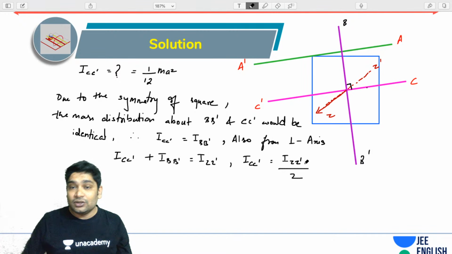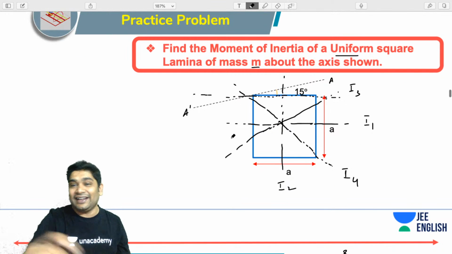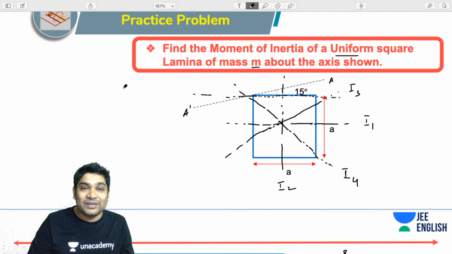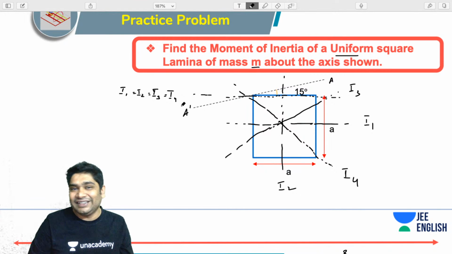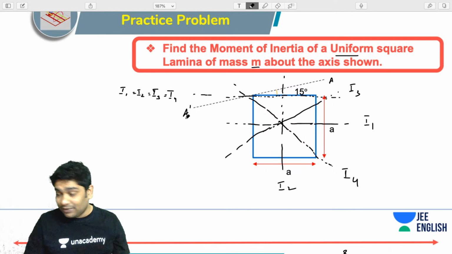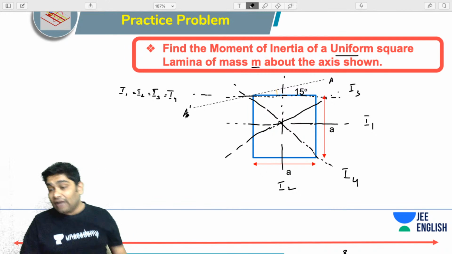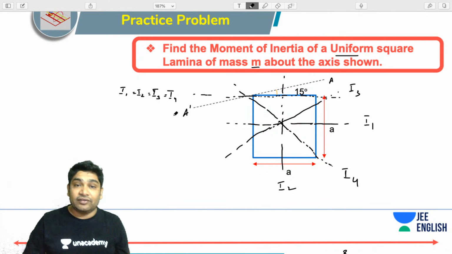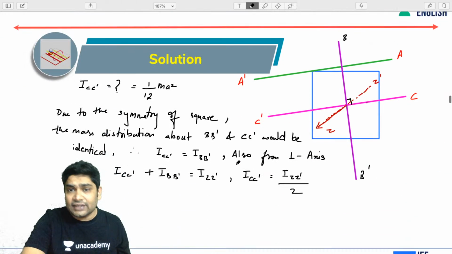Okay. So you realize in this case, the question that IIT had asked, all these I's would be the same. I1 would be equal to I2, would be equal to I3, would be equal to I4. You draw any axis which passes through the center of the square, as long as it remains in the plane, all of them will have exactly the same moment of inertia. Okay, so let's use that.